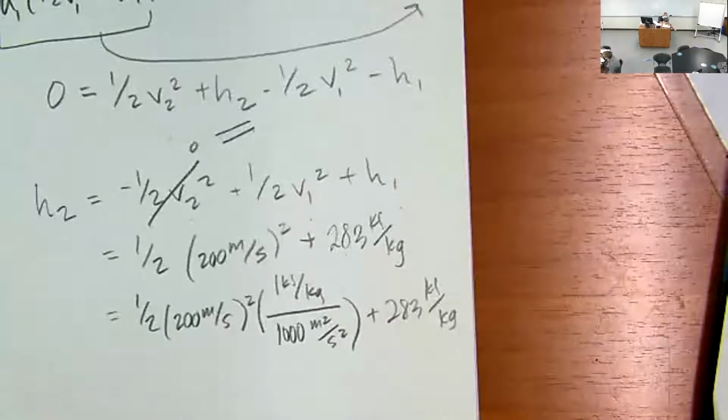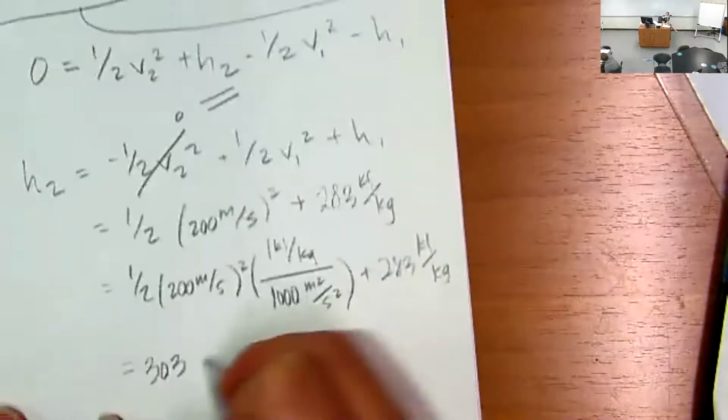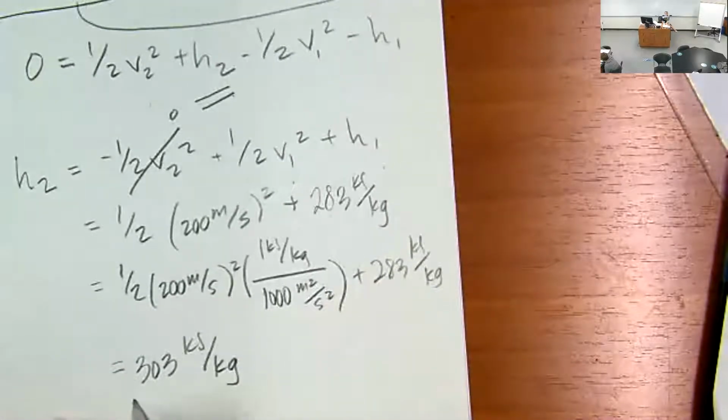So when we add these together, 200 squared divided by 2 divided by 1,000 plus 283, we get 303 kilojoules per kilogram as our H2 at our outlet.